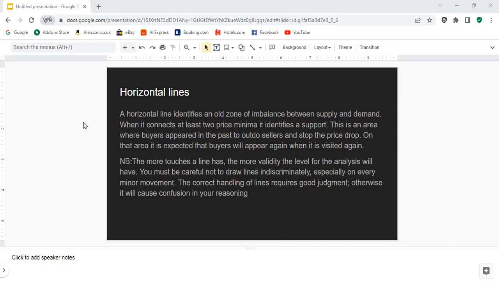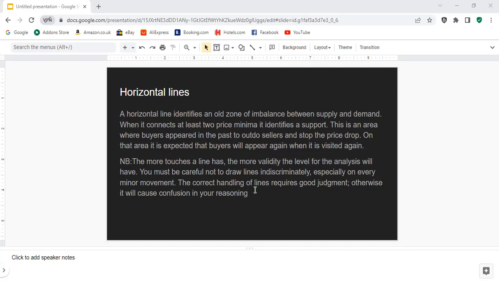This is an area where buyers appeared in the past to outdo sellers and stop the price drop. On that area, it is expected that buyers will appear again when it is visited again. And the more touches a line has, the more validity the level will have for the analysis.